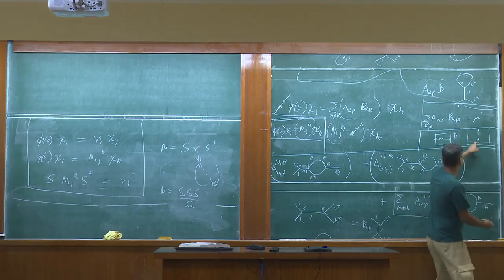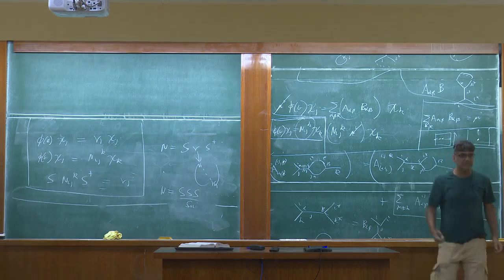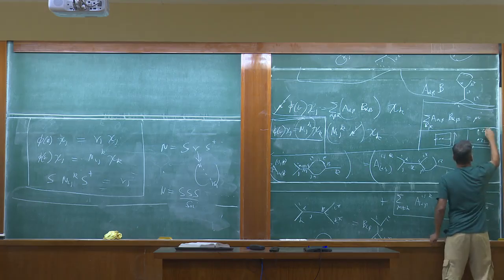Now let's use the state-operator map. So these are Z1, Z2.